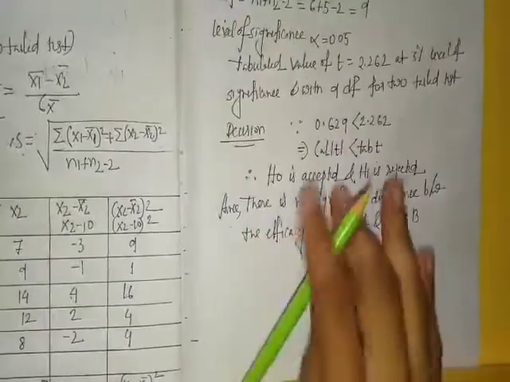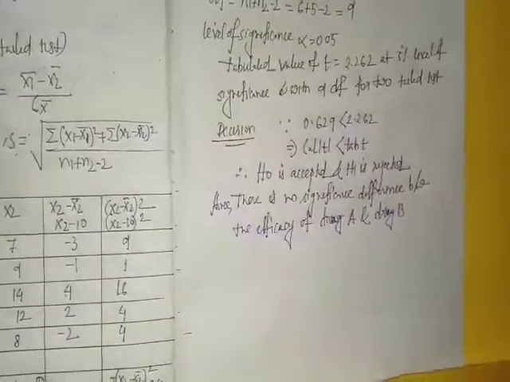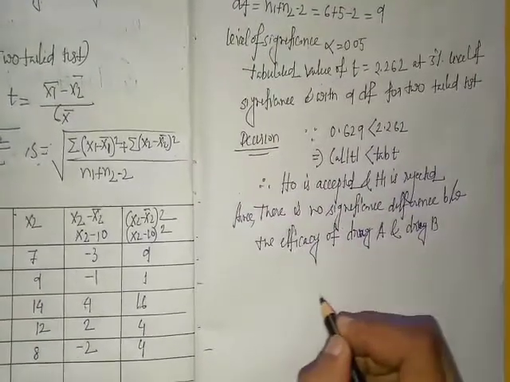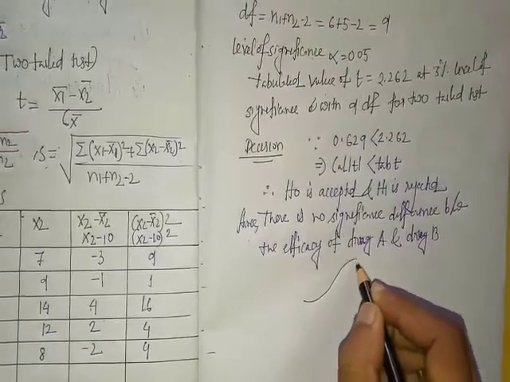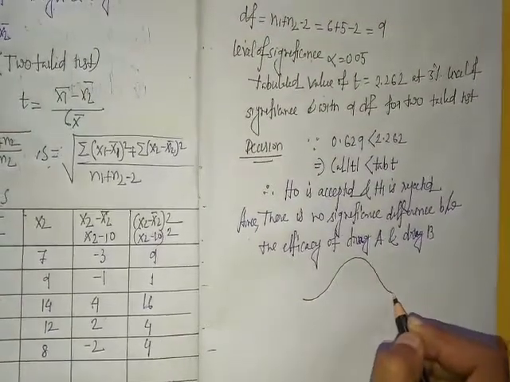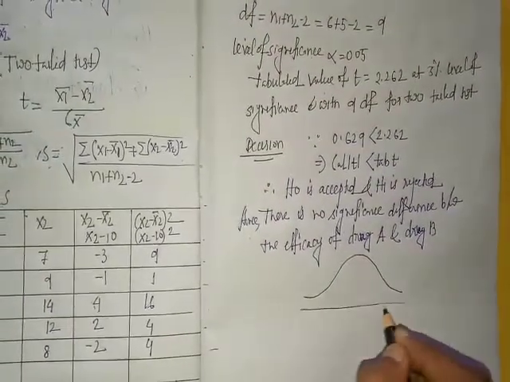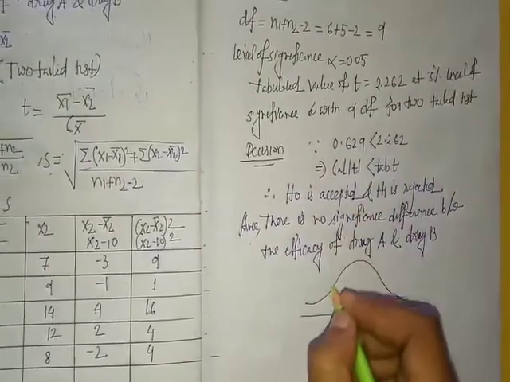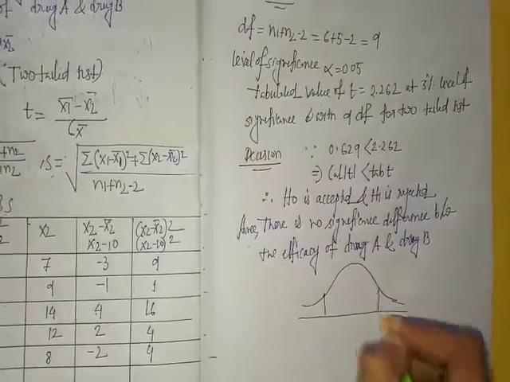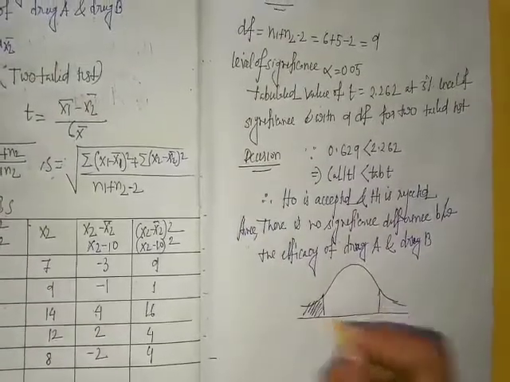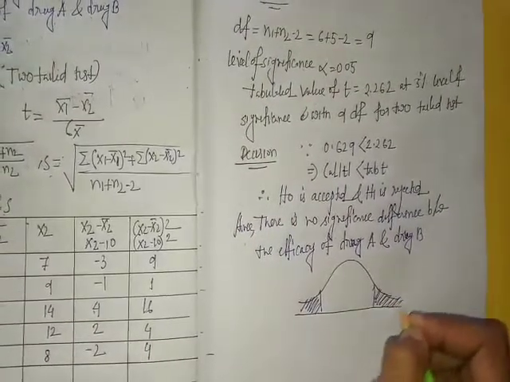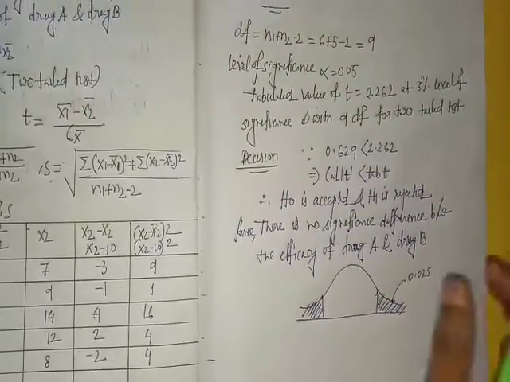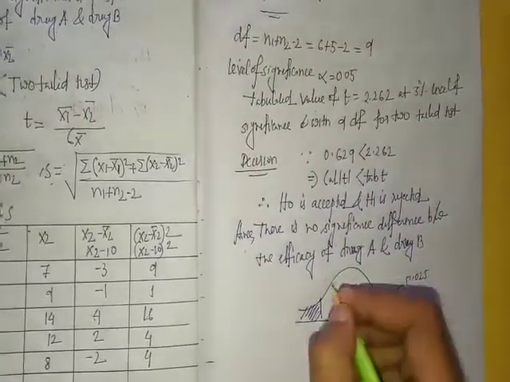Okay. Now we'll draw this figure. This is a two-tailed test, and the curve of the t distribution is like the standard normal distribution curve. So error will occur on both sides. The level of significance is 5%, so 0.025 error occurs on the left side and 0.025 on the right side.